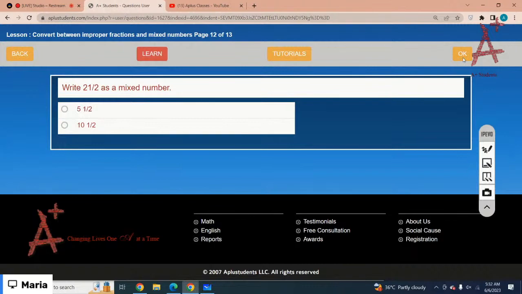21 over 2, which is the correct option? It would be 10 whole 1 over 2.